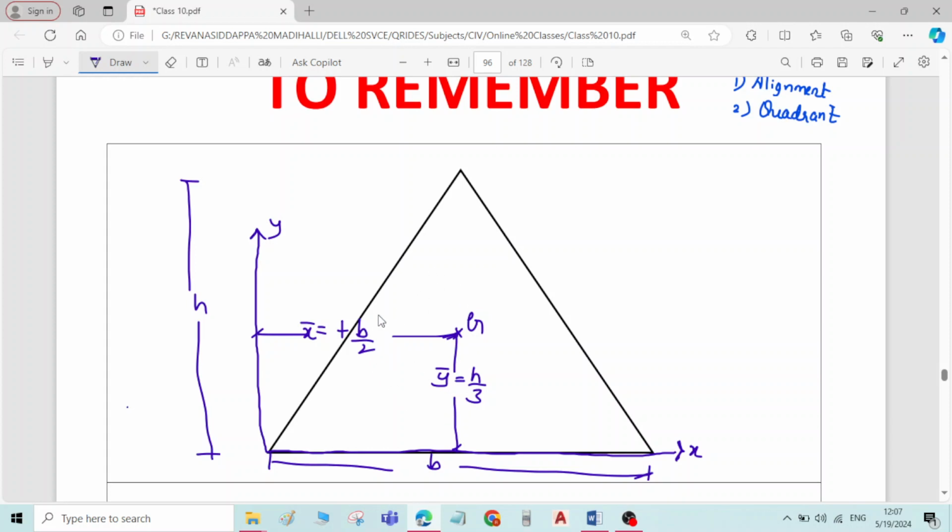This triangle is lying in the first quadrant, because the reference axis is taken in the first quadrant. In the first quadrant both x and y are positive, therefore x bar is equal to b by 2 and y bar is equal to h by 3.